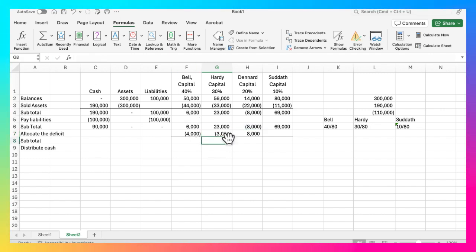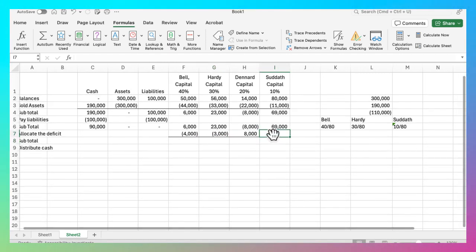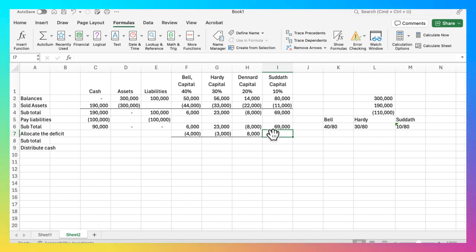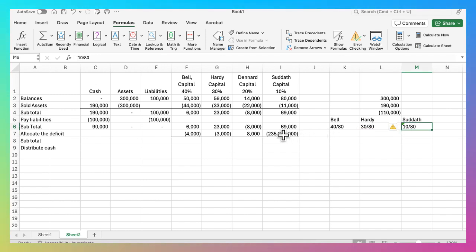There we go. So Hardy gets $3,000 of Denard's deficit, and Sadath gets 1/8 of it. Sorry that didn't work. I'm trying to get cute here with Excel. So it'll be 1/8, and we get $1,000.